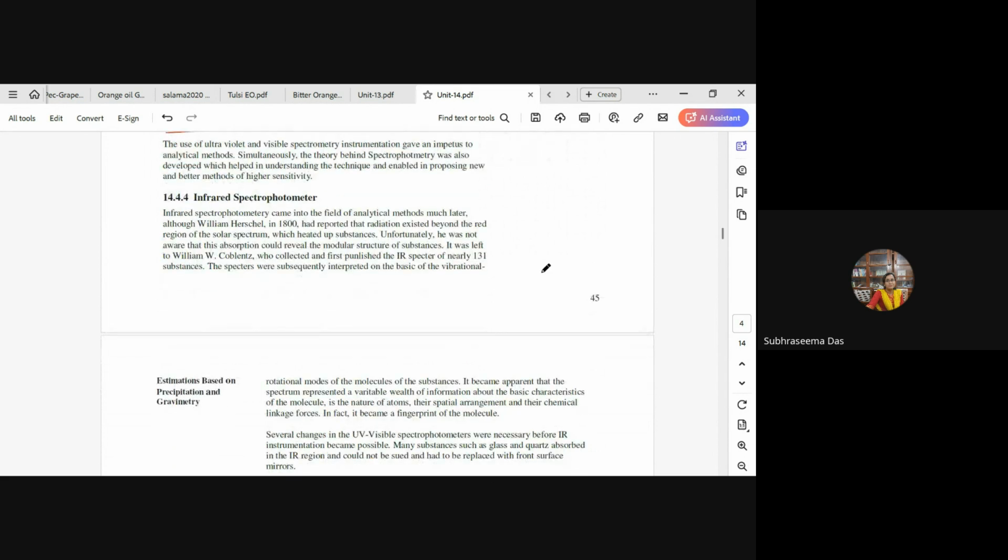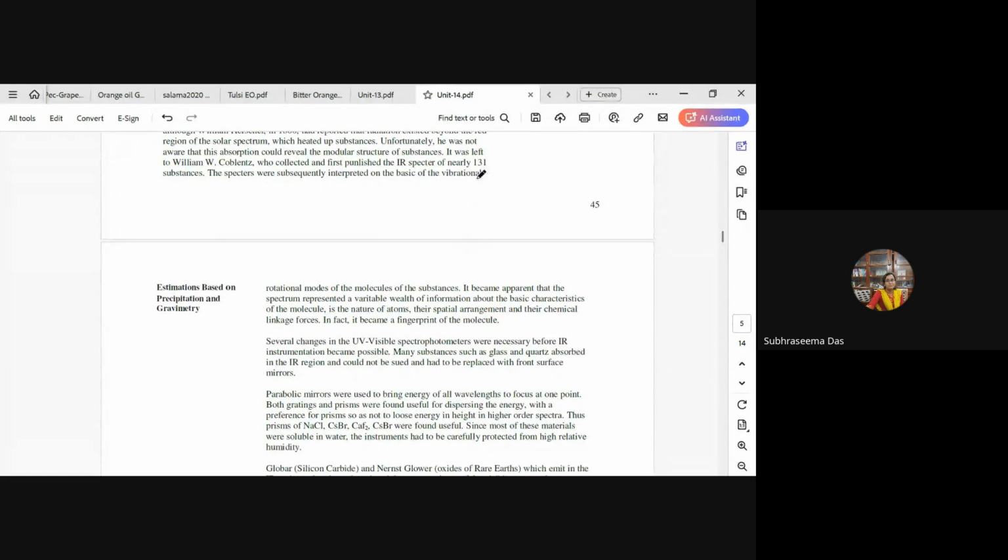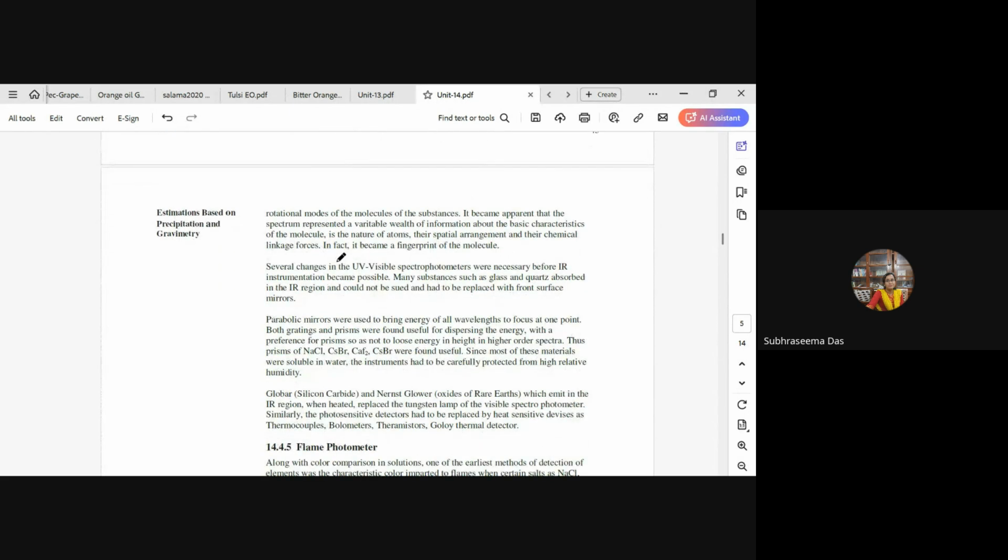Now coming to the IR spectrophotometer. It came into the field of analytical chemistry much later. In 1800, William Herschel reported that radiation existed beyond the red region of the solar spectrum, which heated up substances. However, he was not able to understand its nature. Then, about 100 years later, the first published work regarding this region was published by Coblentz. The spectra were subsequently analyzed on the basis of vibrational and rotational modes of the molecules.